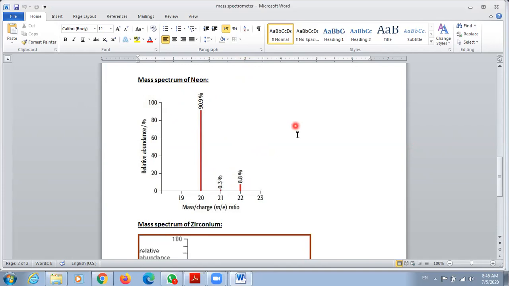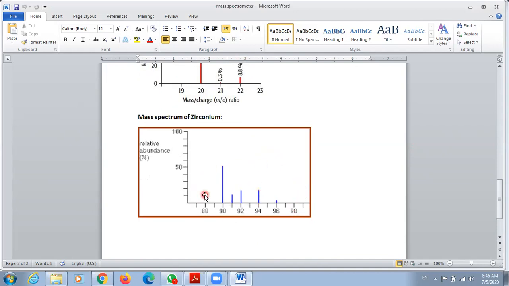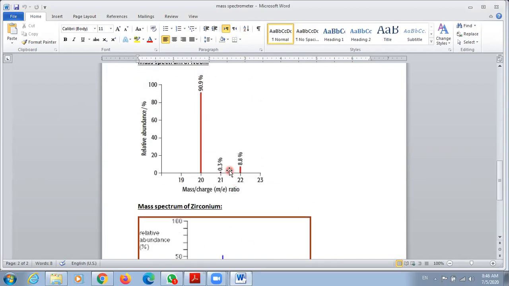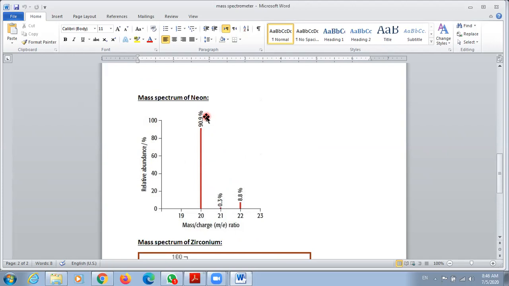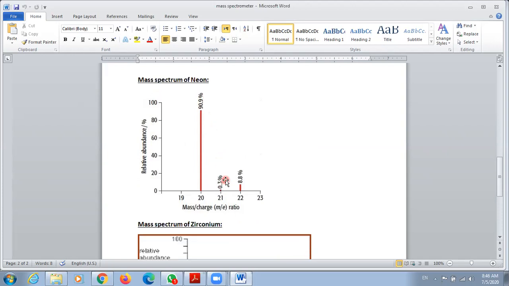But all of the metals and the inert gases are formed from only monoatomic elements, only one atom. So in this case, the peaks that we obtain are the number of isotopes, and from them we calculate the relative atomic mass of neon, zirconium, or any metal or any inert gas. But sometimes our elements are diatomic.